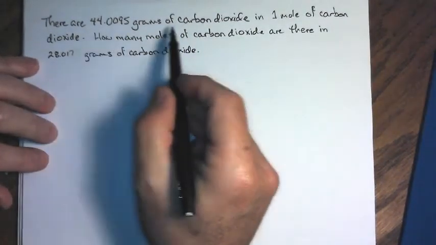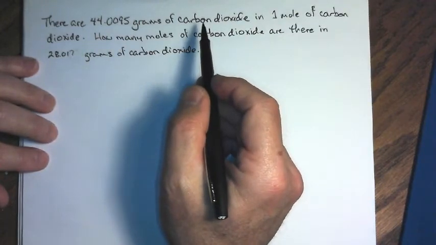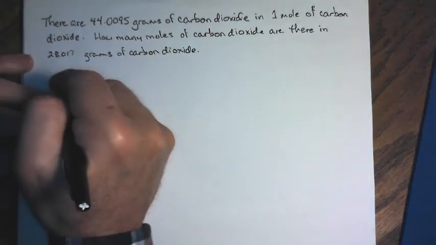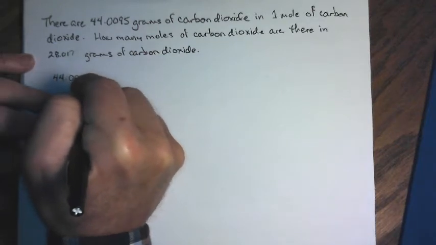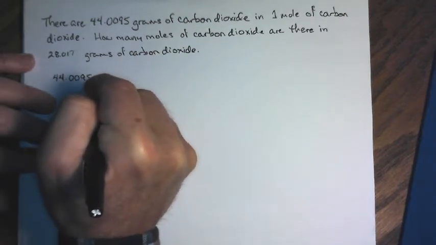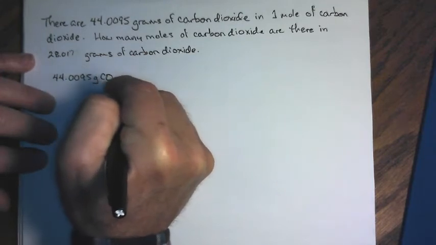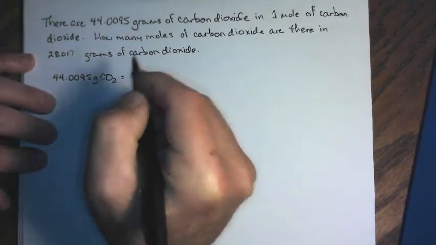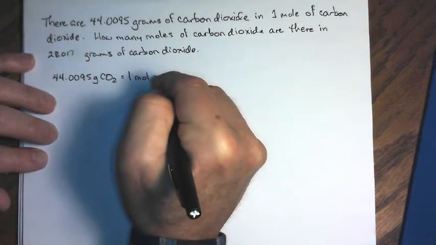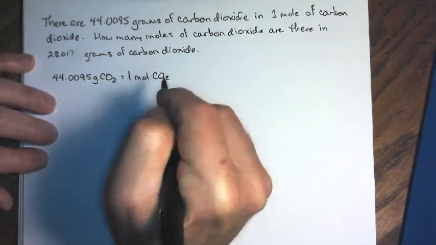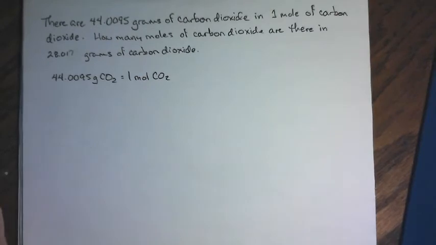So a sentence like this means the following. It means that there are 44.0095 grams of carbon dioxide. And when I say in 1 mole, I can write it like this, 44.0095 grams equals 1 mole of carbon dioxide. Okay?